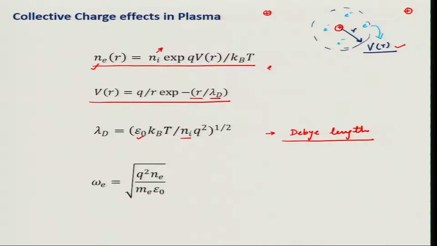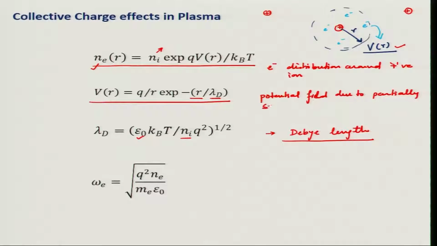This is the electron distribution around the positive ion, and this is the potential field due to the partially screened positive ion. This is the Debye length, and this quantity is known as the plasma frequency.